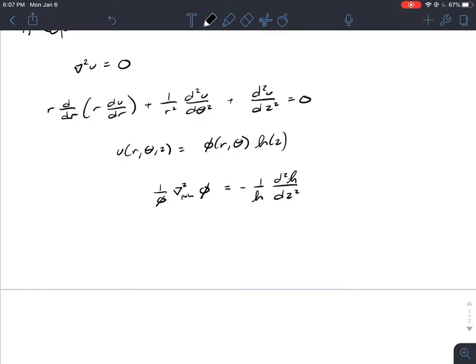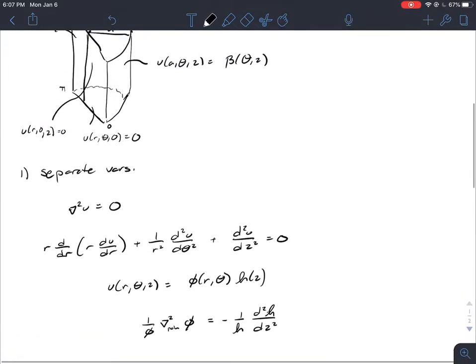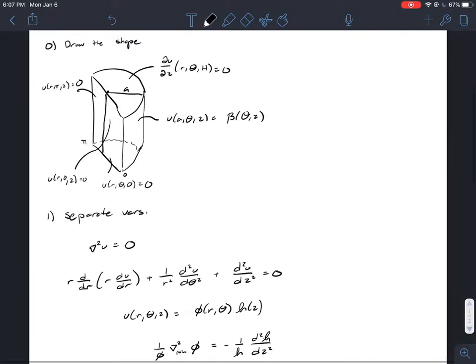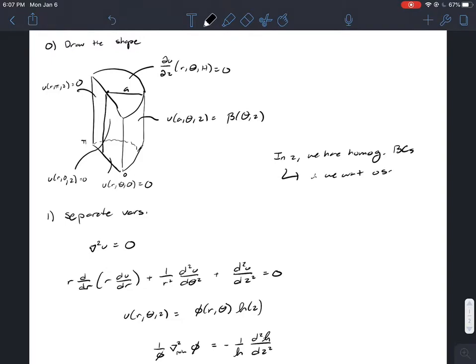Okay. So now this is where things get a little bit interesting. We know that in z, at the top and bottom, we have homogeneous boundary conditions, and therefore we want oscillatory solutions.